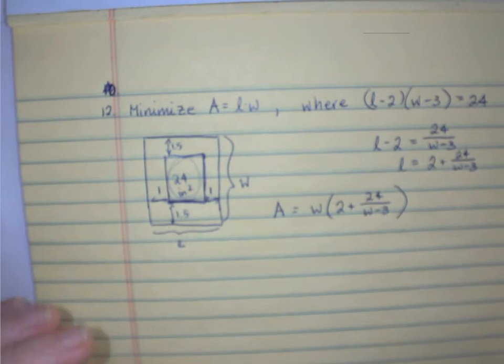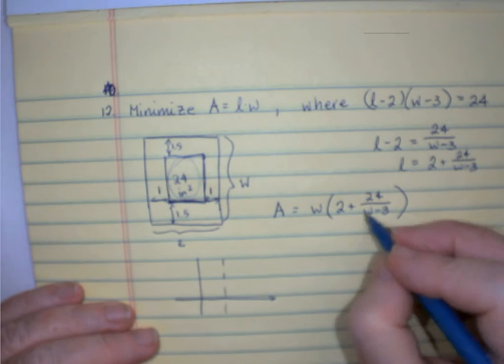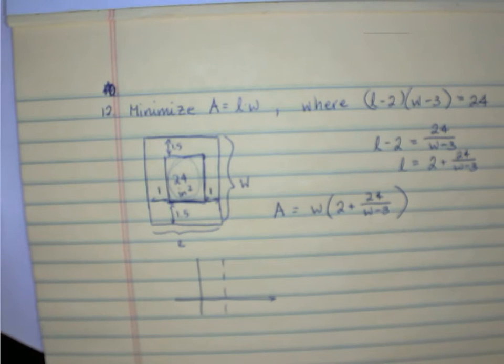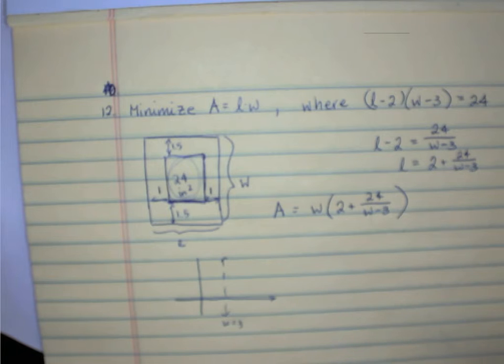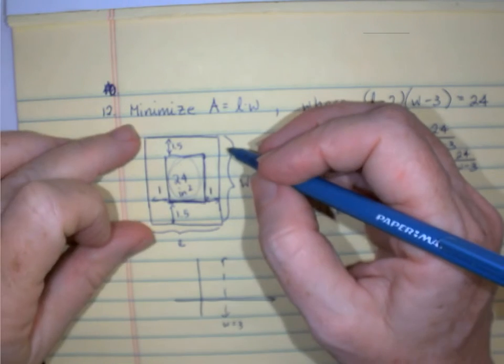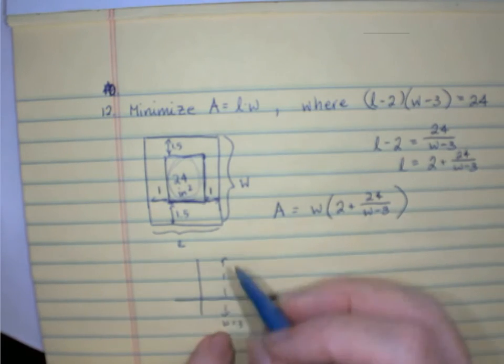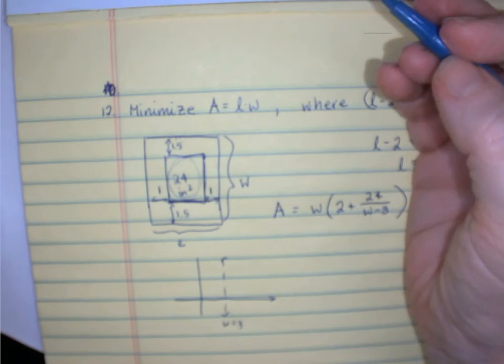I do, in fact, know that there is going to be a vertical asymptote at 3 because of the W minus 3 in the denominator. And so I need to figure out what the domain is. As far as my width is concerned, I know that W has got to be at least greater than 3. This tells me so, but also I know I'm going to have 3 inches worth of margins at the top.